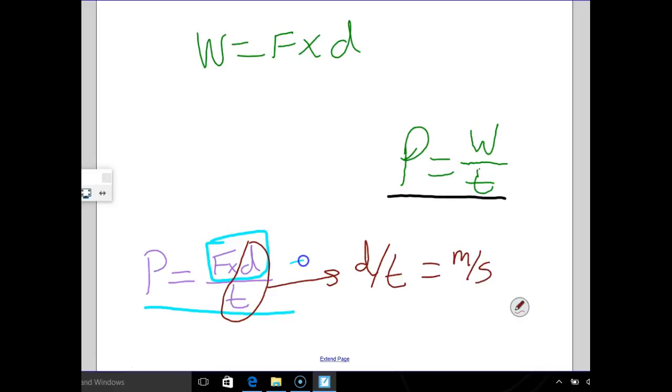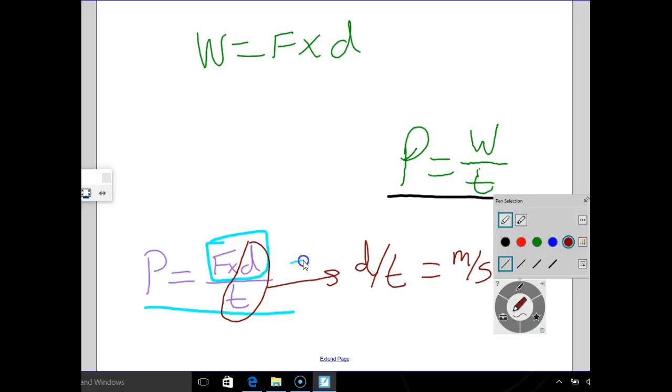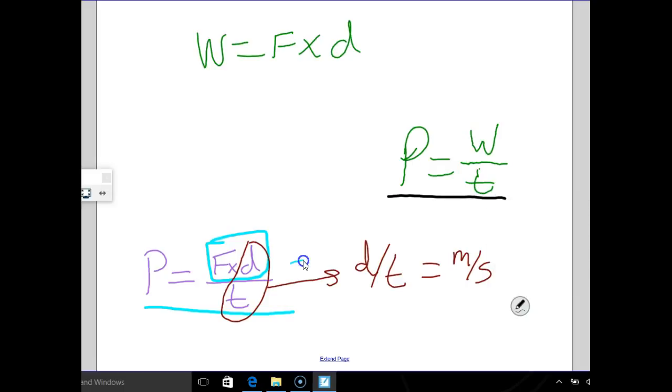And that should look really familiar to you. You should be like, oh, hey, meters per second, that's a unit that I know. And that's because it's the unit for velocity, because velocity equals distance over time.